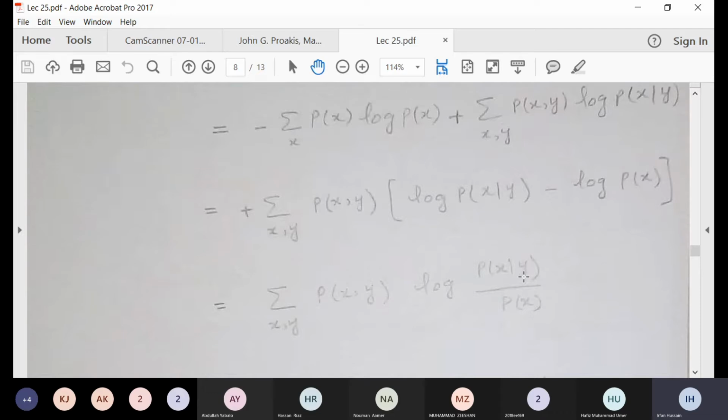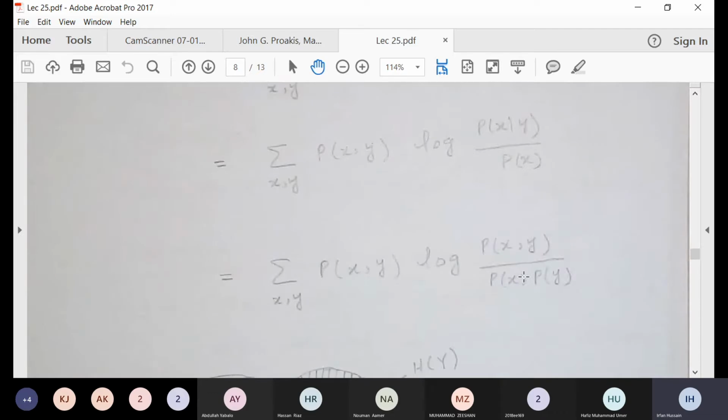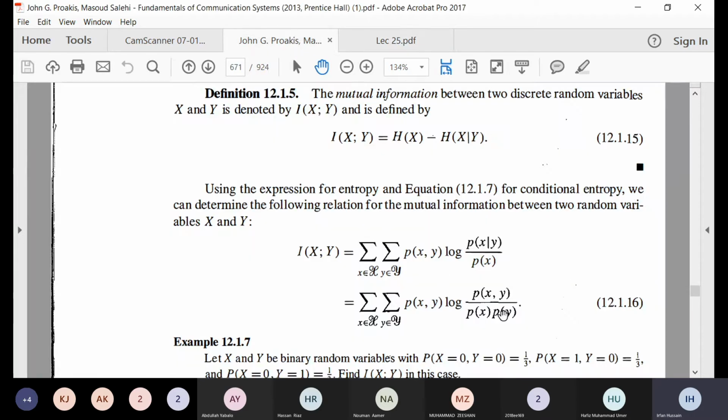Log of this, then you apply the famous Bayes rule. This becomes x given y is p(x,y) over p(x). Alright, so this we have already seen. So this comes out to be like this, the formula which the book was stating. This one has been derived.